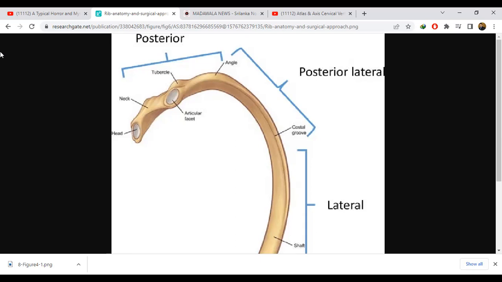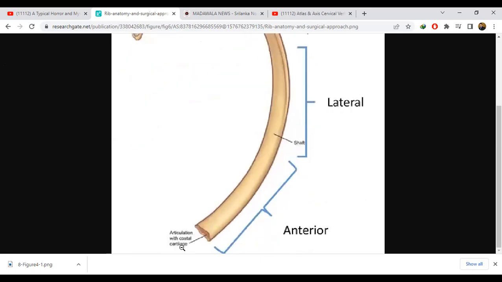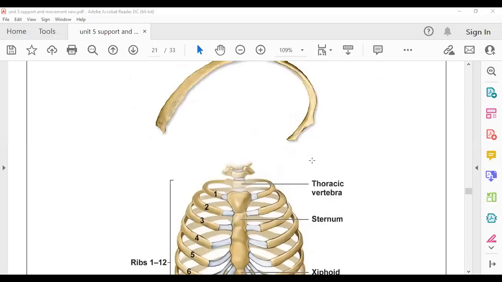Those two are your syllabus. And here, who articulates? Costal cartilage. So here, this should be marked as the head. This should be marked as the tubercle. This should be marked as the articulation with the costal cartilage. Clear? Clear, sir. Good.